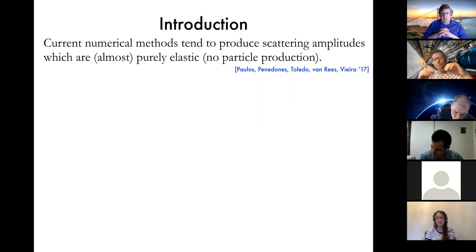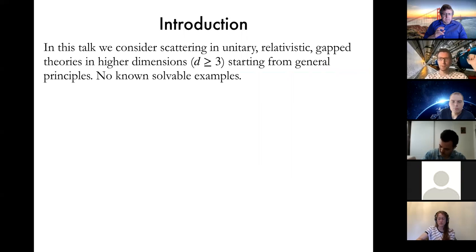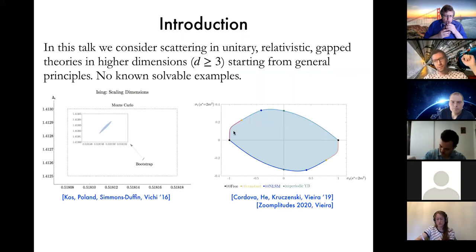Now, there is one interesting fact about these numerical methods: when you get something special in these plots, they tend to produce scattering amplitudes which are almost purely elastic. So they do not have particle production. In this plot, for example, all these points on the boundary correspond to theories which are integrable.